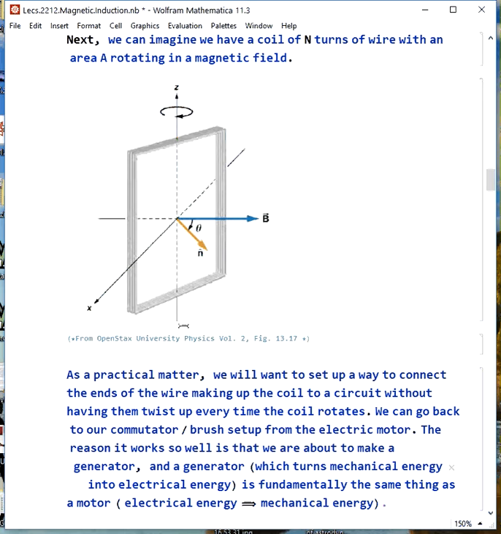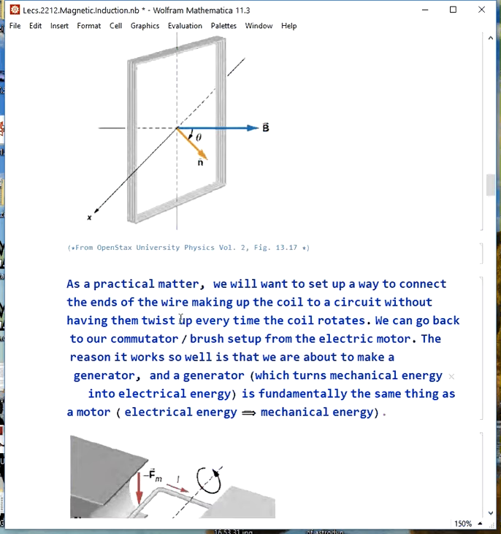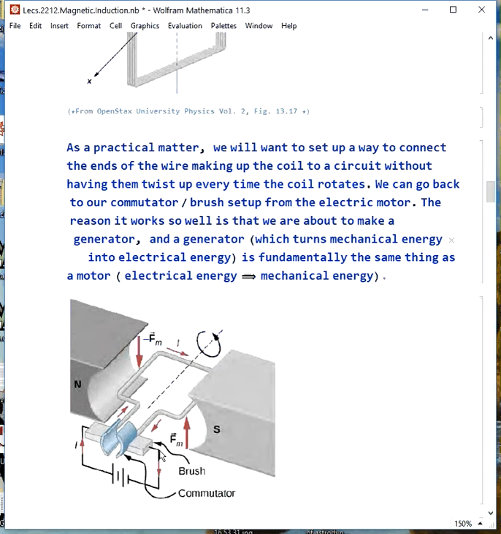We got to have some way to tap into them and measure them without the wire being a complete twisted mess in 5 seconds. So we can go back to the setup of commutators and brushes that we had when we introduced the motor. This way we can let our loop turn in the magnetic field and nothing is winding up.